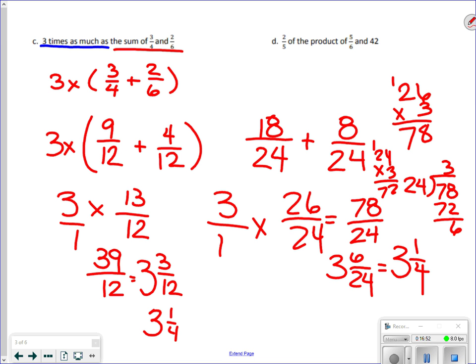So you could take 13 twelfths in the middle of the problem, which is one of the things that I say don't do. But you still get the right answer. Sometimes it's harder to make it mixed in the middle of the problem. Sometimes it's easier.